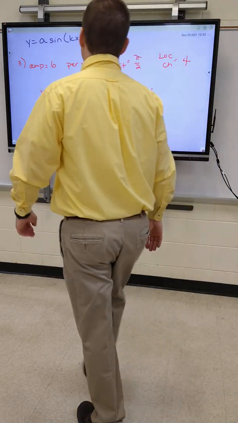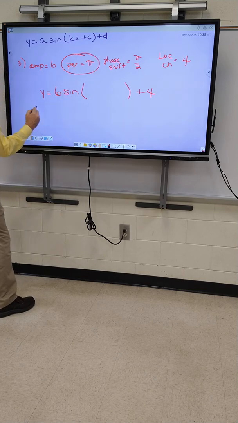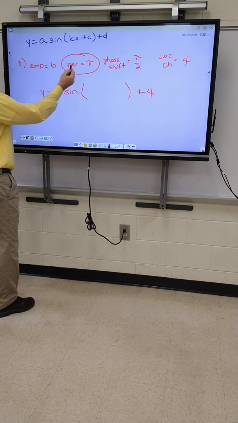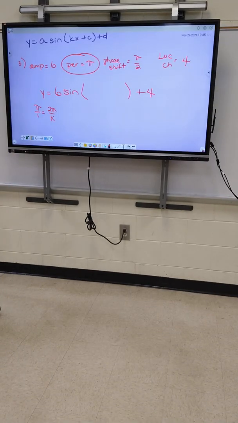All right, let's see what you got. Remember, bring down what they're giving you, which is pi over 1, and set that equal to the formula for period, which is 2 pi over k. Now cross multiply and divide to see what you get.